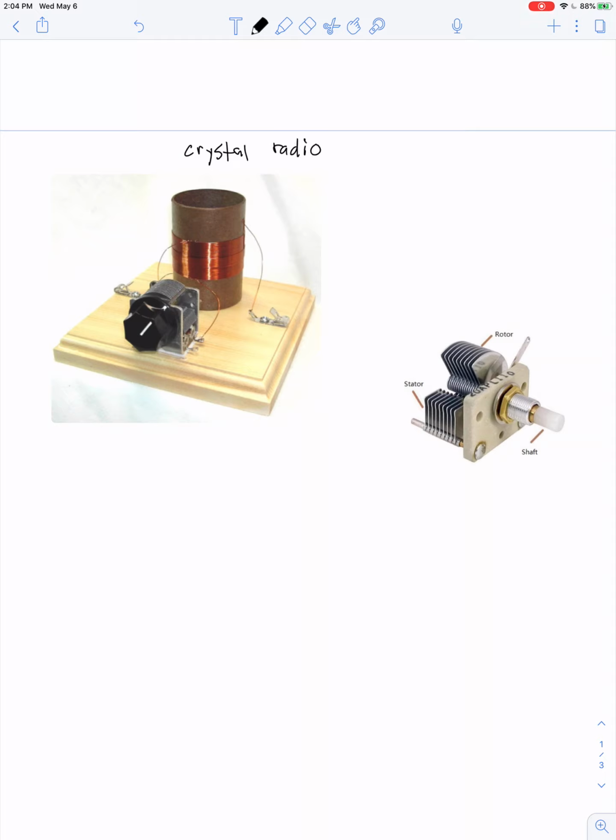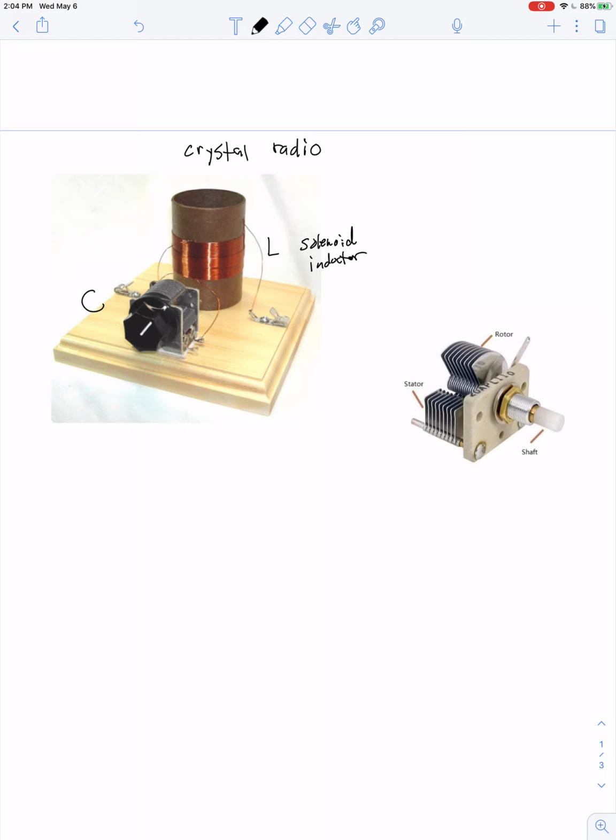If you have a cardboard tube and you wind it and you keep track of the number of windings you make, then you can control the inductance of a coil. Call it a solenoid or an inductor. And then wired along with this in parallel is a capacitor.